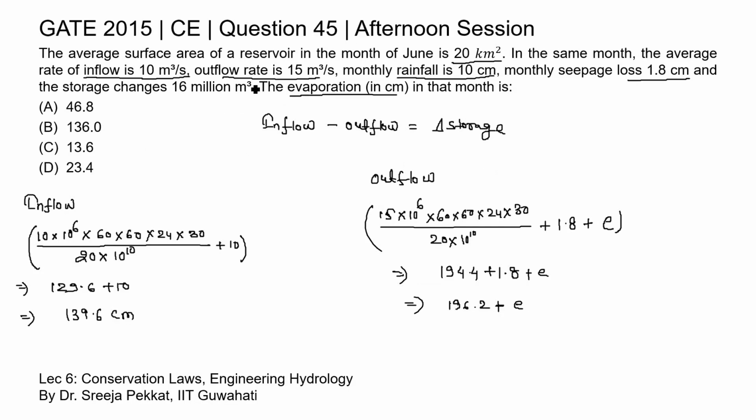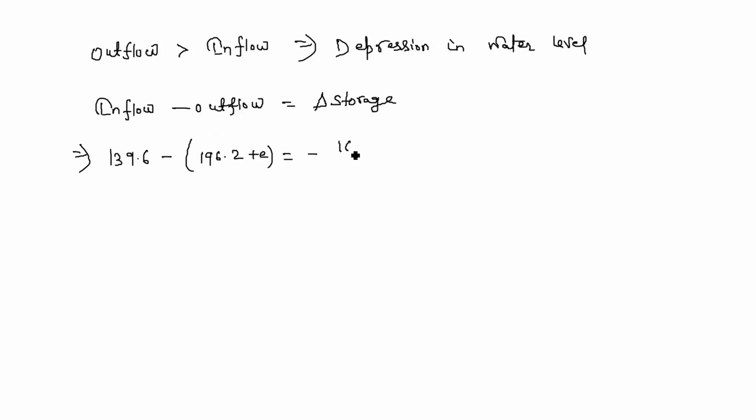Again, this is given in volume, so convert it into depth. So, 16 into 10^6 m³, which is 10^6 cm³ each, divided by total area, which is 20 km², so 20 into 10^10 cm².